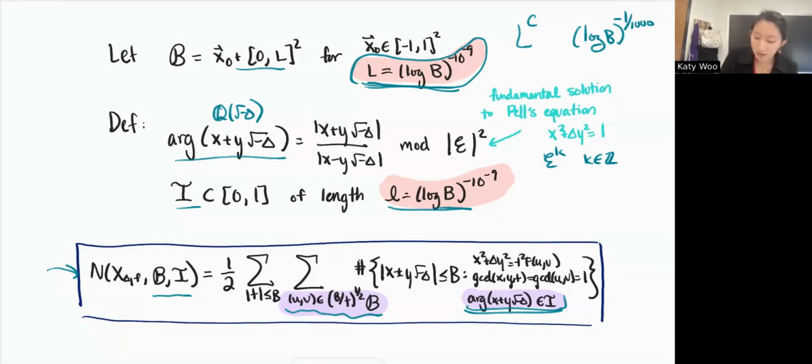So this is why we're choosing this L to be log B to the negative 10 to the negative 9, just to make sure that this L to the C factor doesn't cancel out our savings from before. So we're just choosing this to be so small that L to the C is still smaller than log B to the 1 over 1,000. Okay.